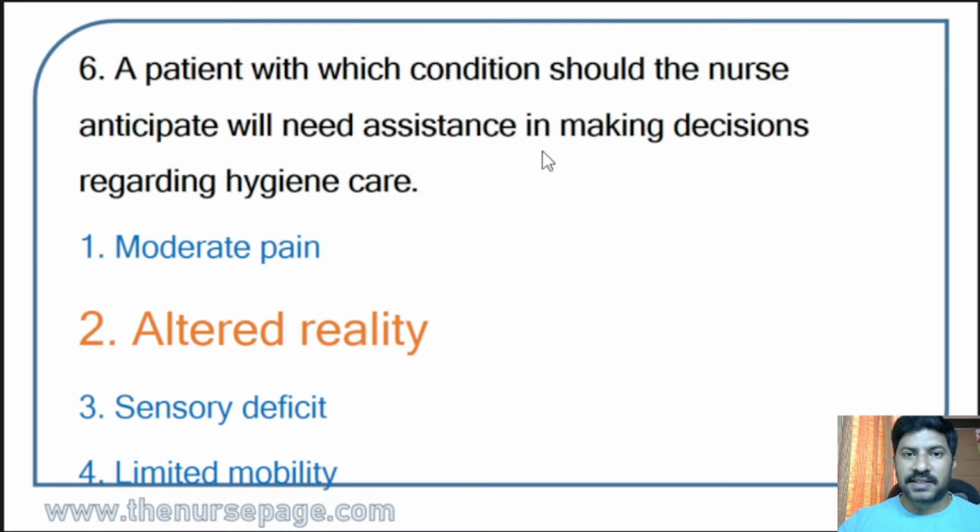The question is not asking to assist with personal hygiene; it is asking about assistance in making decisions regarding hygiene care. So altered reality patients have more problems in making decisions regarding anything, maybe hygiene care or anything related to the patient.